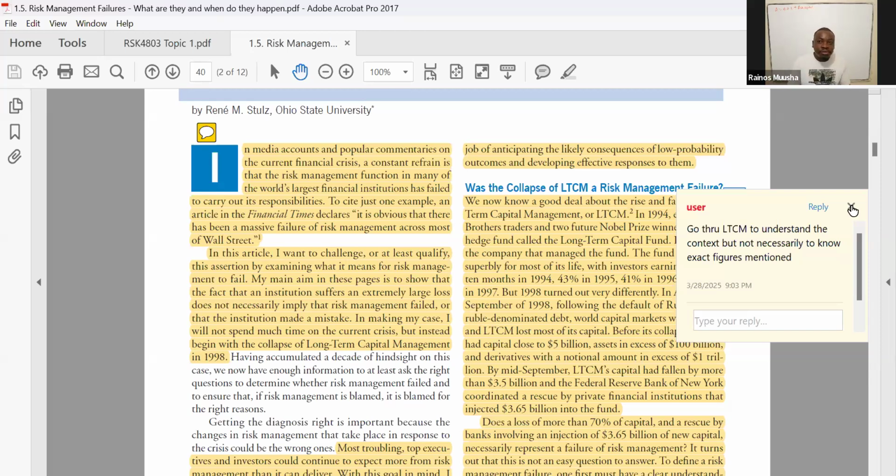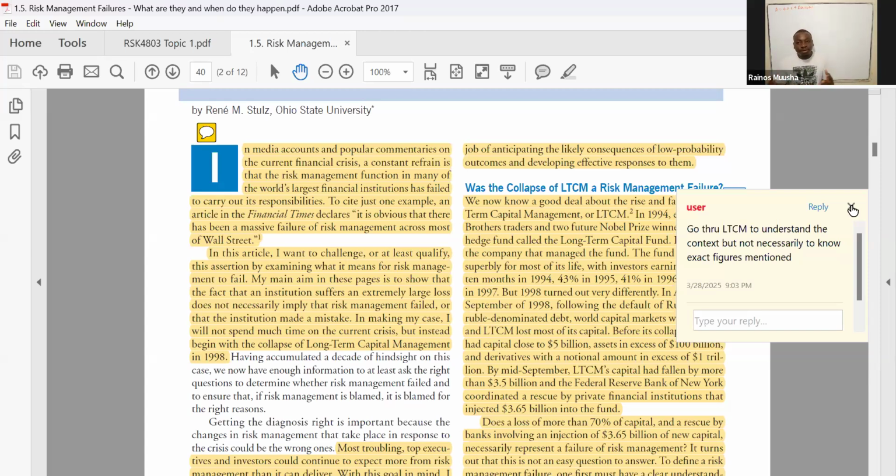If they ask you questions based on this, they are going to ask you about the roles and responsibilities of a risk manager. Those are the type of questions that are going to be asked, applying them to the case studies. And from this study unit 1 as well, they are going to be asking you, based on these case studies, what sort of risk management failures can you identify, what are their implications, and how can they be addressed?